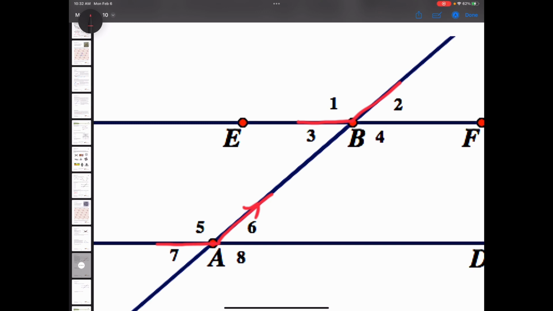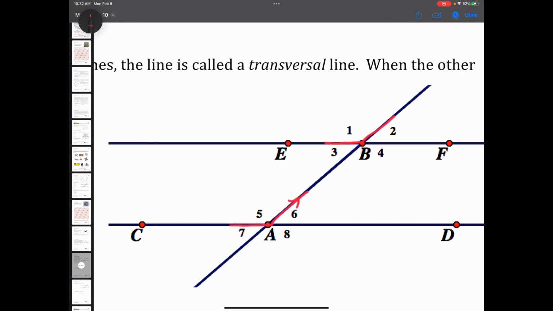This is basically what they have said for their proof. They're like, if you were to take line CD and slide it along the transversal until you got to point B, where A was at point B, then angle 5 would be overlapping with angle 1, and they're the same. So that's the proof that they use.